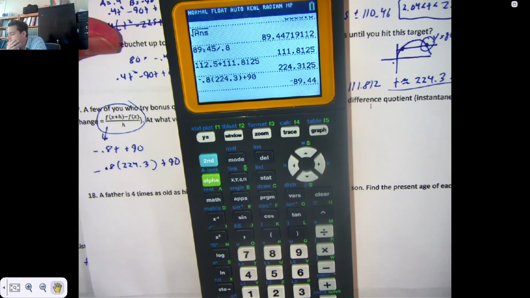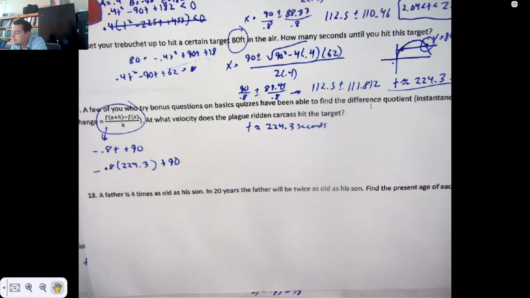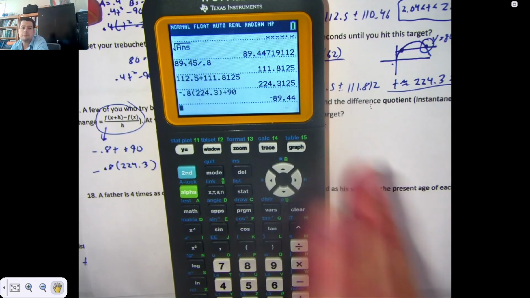Well, that's actually not too bad. I would have expected it to be a lot faster than that. I didn't make a mistake, did I? Took my equation, negative 0.8t plus 90. Yeah, I would expect it to be faster.